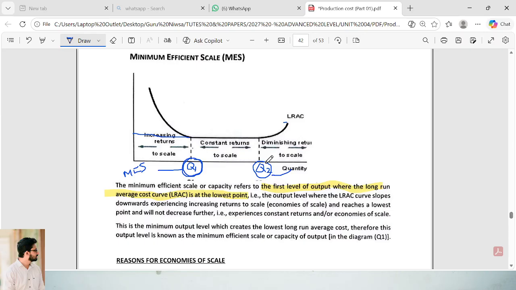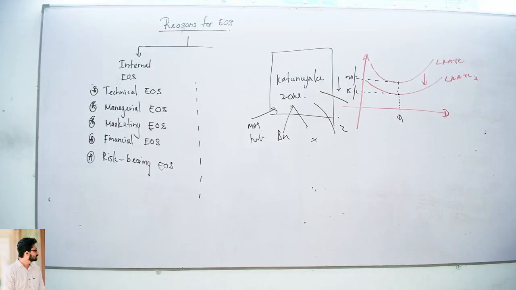If they go beyond Q2 output level, definitely long run average total cost starts to rise. That is called diseconomies of scale. So what I need to say is, you should know what the minimum efficient scale is and what the maximum efficient scale is. Are you okay with me? Yes, sir. Okay.